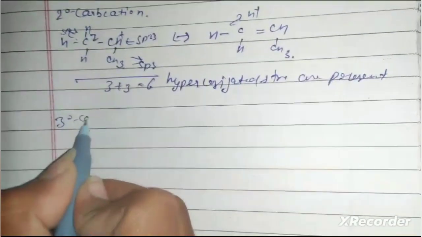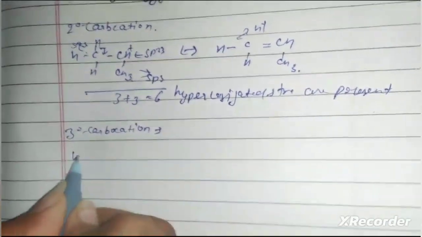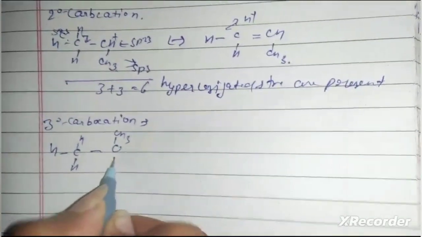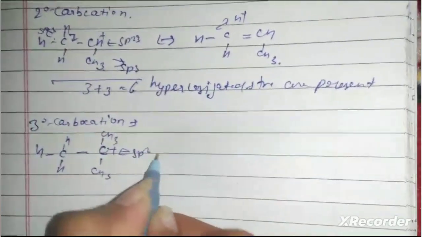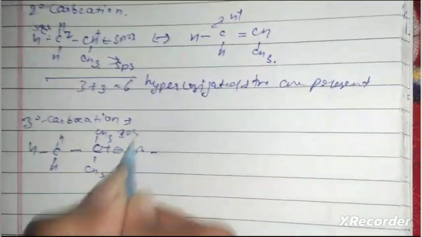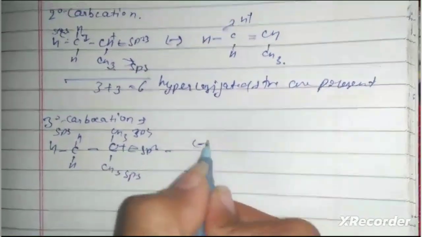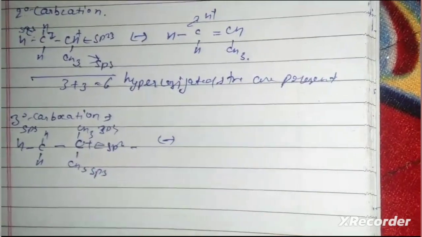In the tertiary carbocation, this is an sp2 hybridized carbon atom attached to an sp3 hybridized carbon atom. Another hyperconjugated structure is this, and this hyperconjugated structure is this.